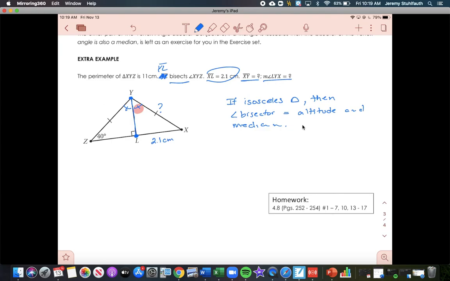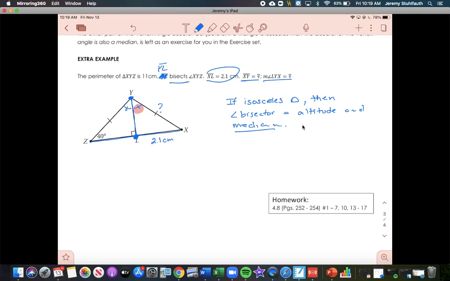So not only do we know that XL is 2.1 centimeters, but we know that YL bisects ZX. Why do we know that? Because the definition of a median is that it is a line segment that goes from a vertex to the midpoint of the opposite side.